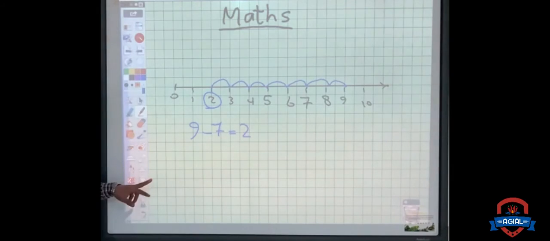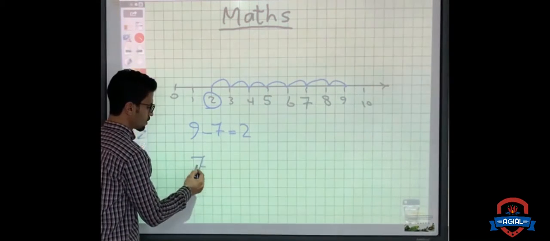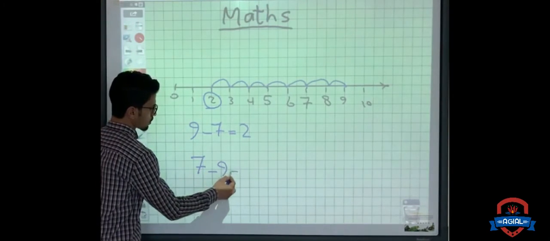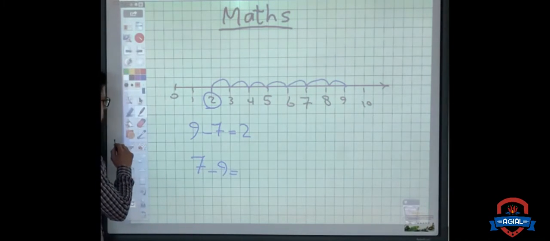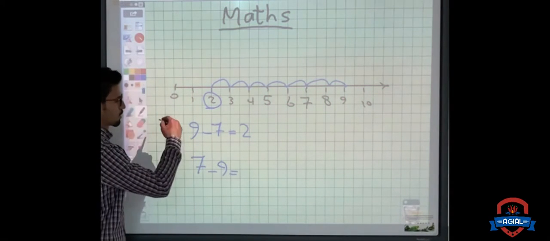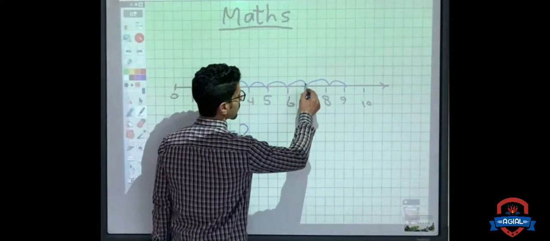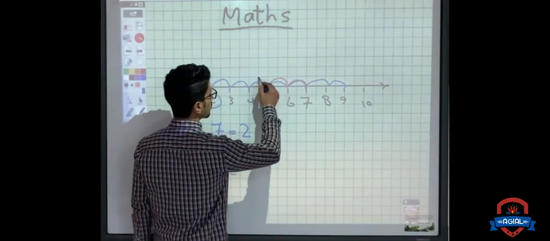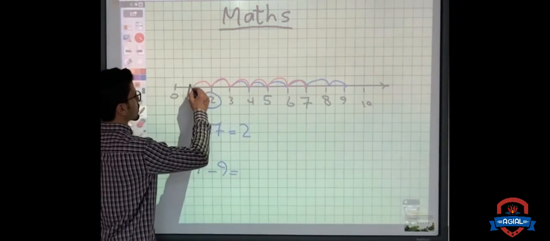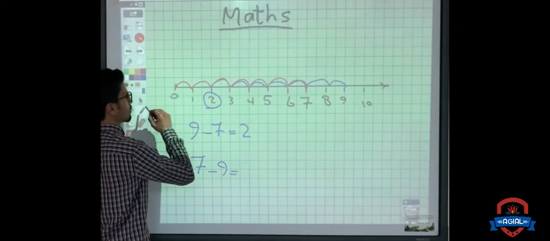And if we have 7 minus 9, that will be equal to what? We go to 7, then we count back 9 steps. So we have 7, then 1, 2, 3, 4, 5, 6, 7. What can we do?